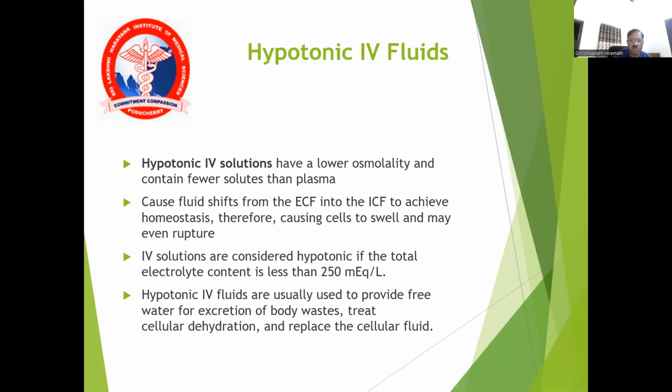Hypotonic intravenous fluids are usually used to provide free water for the excretion of body waste, treat cellular dehydration, and replace the clear fluid. What are the uses? They are for excretion of body waste, to correct cellular dehydration and replace the clear fluid.